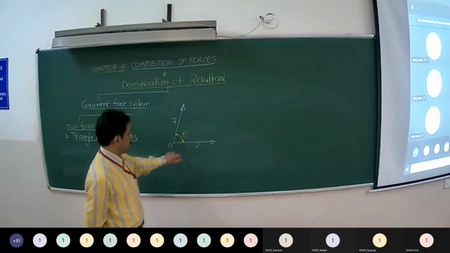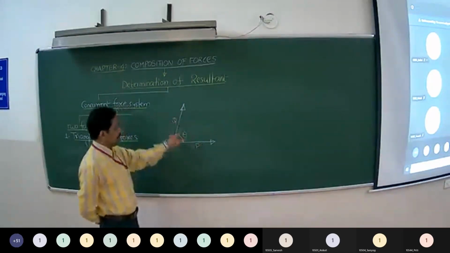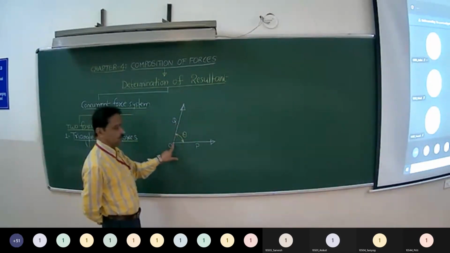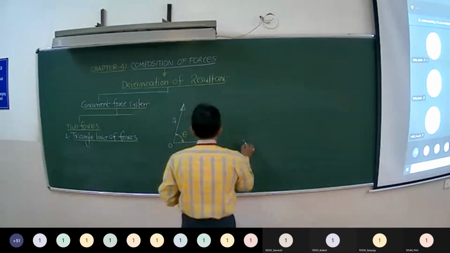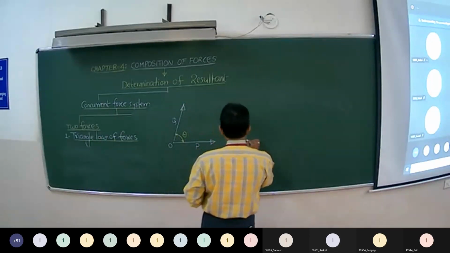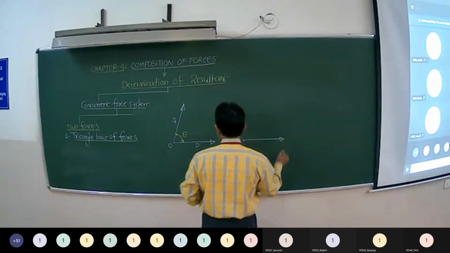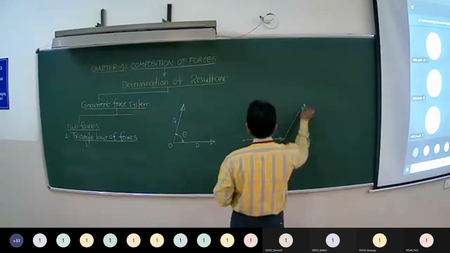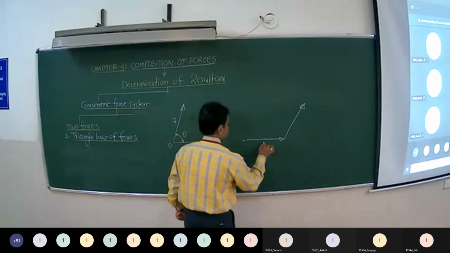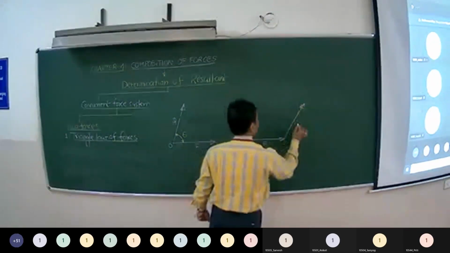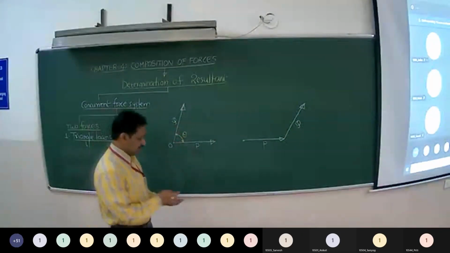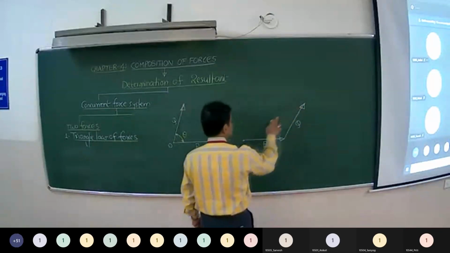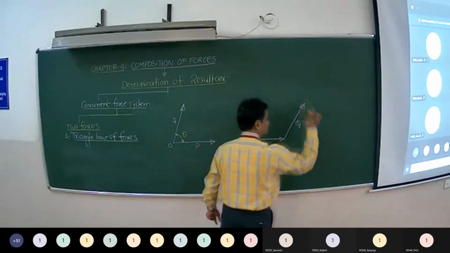Please see this figure. There are two concurrent forces P and Q acting at point O. Let theta be the angle between the two forces. As per triangle law of forces, these two concurrent forces are represented in magnitude and direction by the two adjacent sides of a triangle taken in order. So it is force P, then in continuation force Q. Then the resultant of these two forces is represented by the third side of the triangle taken in the opposite order.